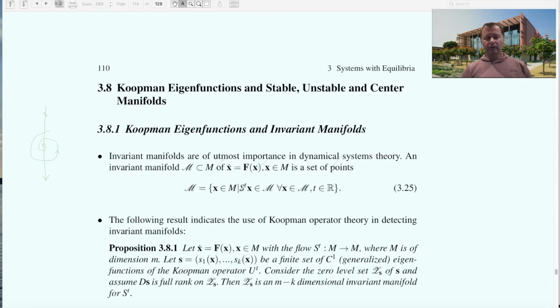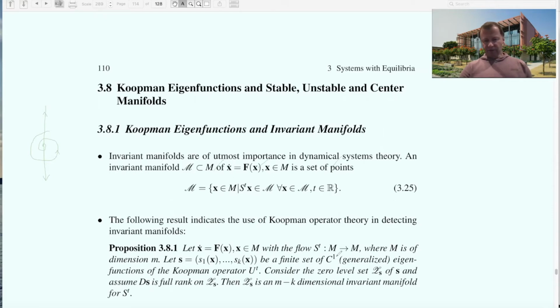And so there is a proposition that's going to tell us something about detecting invariant manifolds. If we have a nonlinear system, x dot is equal to f of x, with this flow S^t, and our state space M is a manifold of dimension little m, and let S, this boldface S, be a collection of Koopman operator eigenfunctions, and let there be k of them.